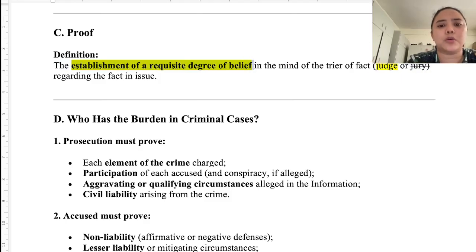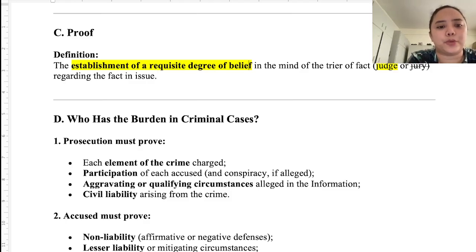For criminal cases, the degree of proof required is proof beyond reasonable doubt to convict a person. So you must prove without a doubt that he is the one who committed the crime. If there is a little doubt, or a little belief in the mind of the judge that you did not do it, then you may be acquitted.